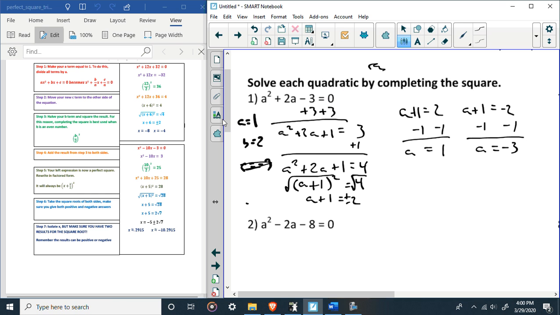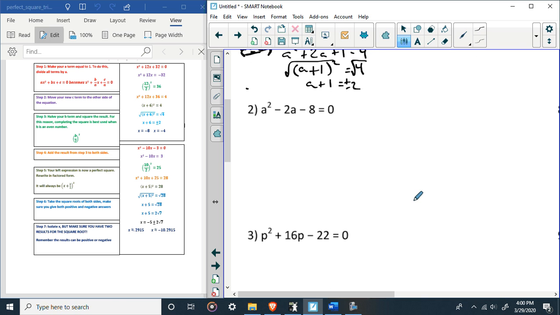We determined B divided by 2 squared, so in this case it was 2 divided by 2 squared, so 2 divided by 2 is 1, 1 squared is 1. We added 1 here, added 1 here, good? The next thing we did was turn this into perfect square form, and that's what we said here. Then our last step was to take the square root and solve for both sides, okay?